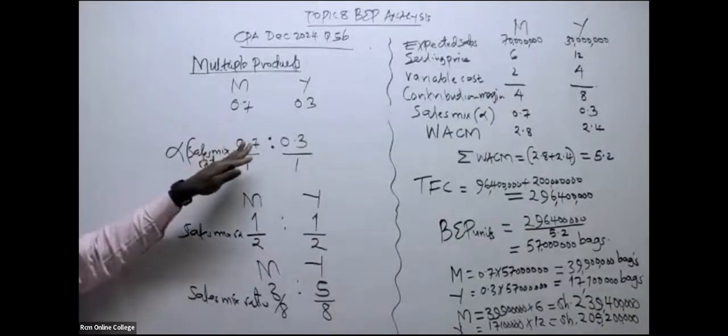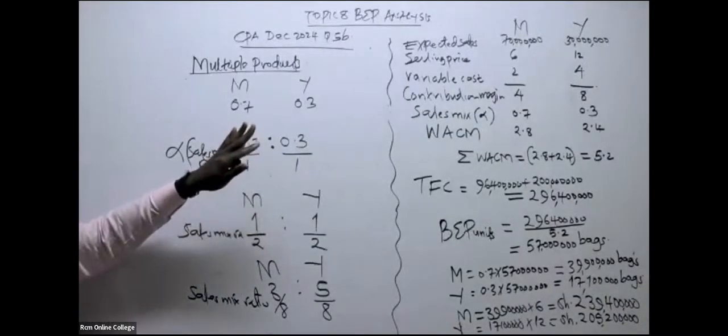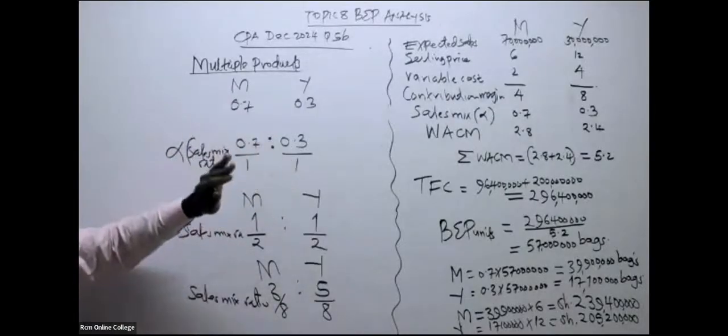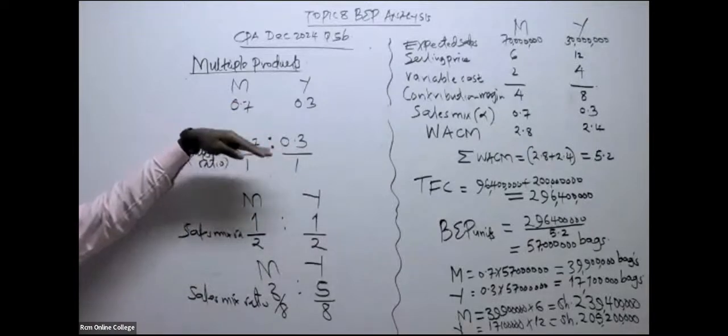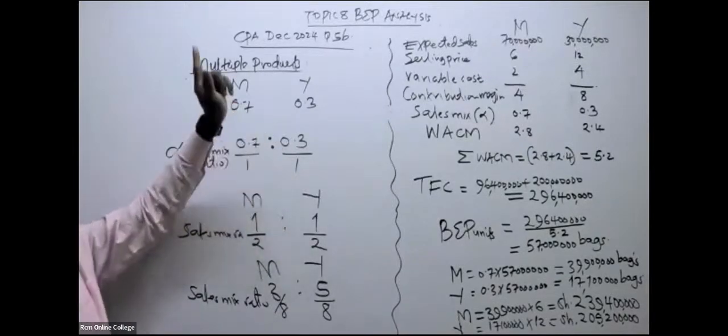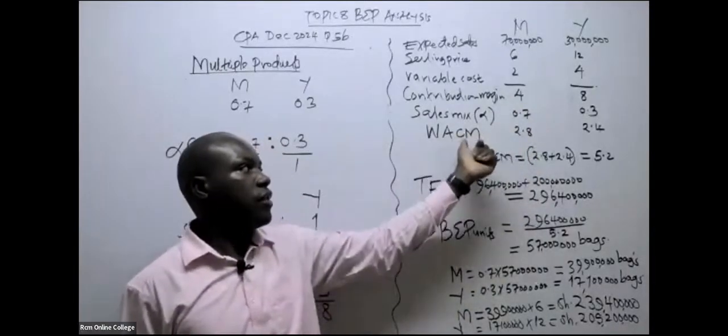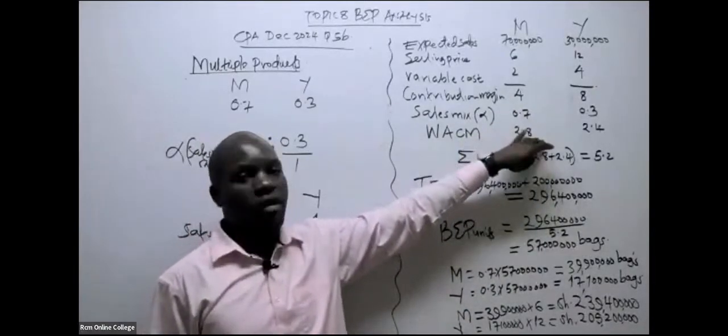So when I interfere with the sales mix ratio, I'll be getting a different weighted average contribution margin. The moment I interfere with the sales mix ratio, this part will be affected, and the weighted average contribution margin will also be affected.